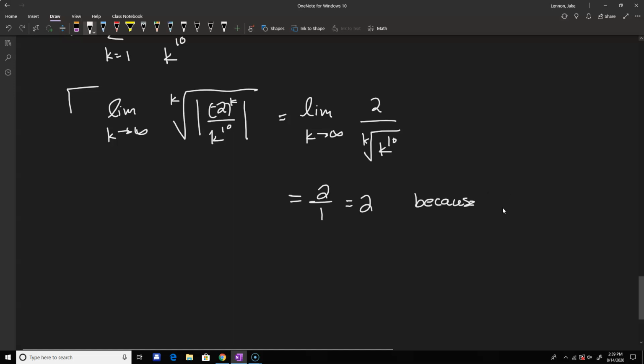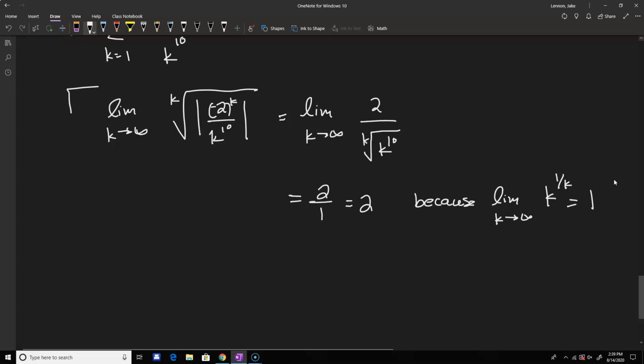anytime you look at the limit as k goes to infinity of k to the 1 over k, that is equal to 1. Essentially, we could break that up into 10 different limits of k to the 1 over k using the product rule for limits, and then multiplying them together.